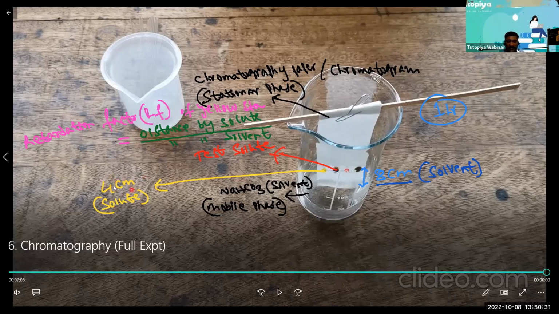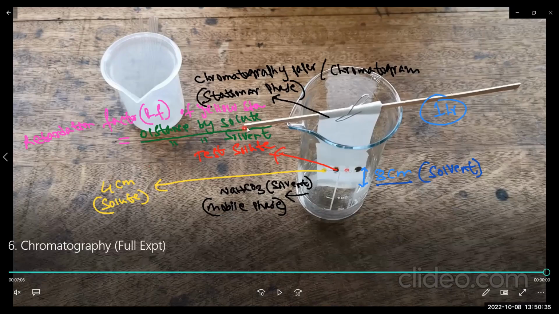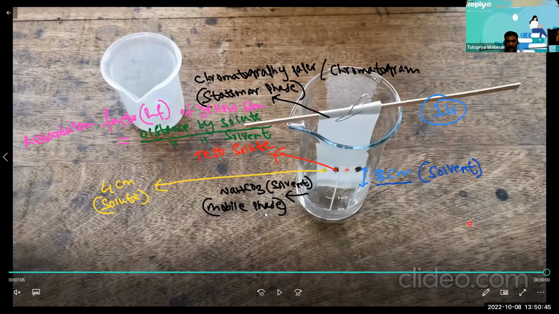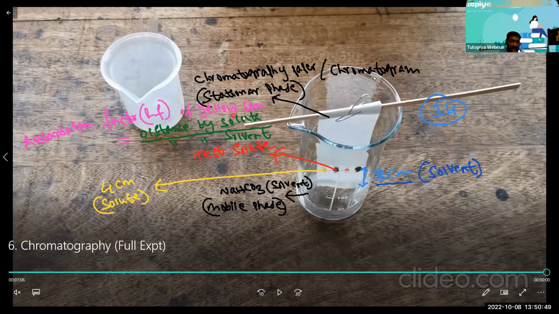Now, participants, can anyone tell me what is the retardation factor of this yellow stain? Emilia? Ayush, Abdullah, Jeremiah, Fatima, can you tell me what is the retardation factor of the yellow stain? Simple. What is the distance moved by the solute?